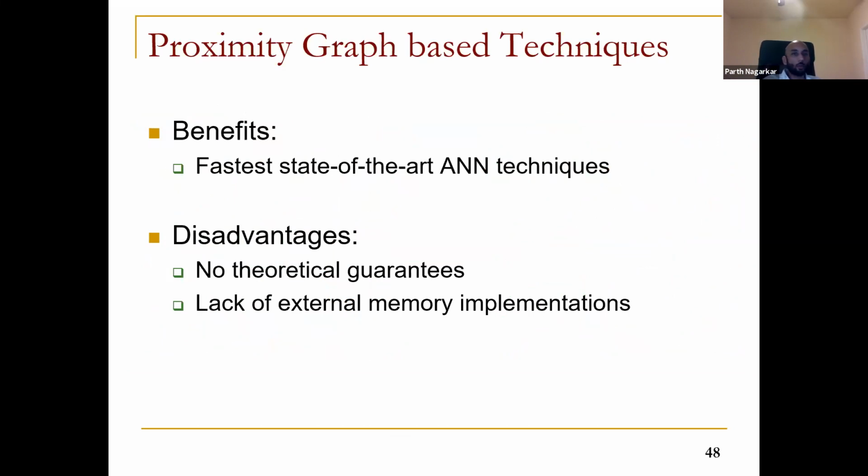So you need a large memory if you were to deal with really large data sets.